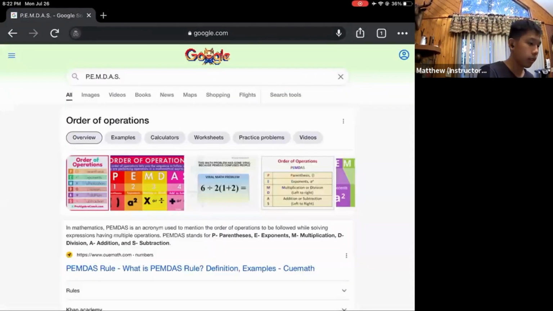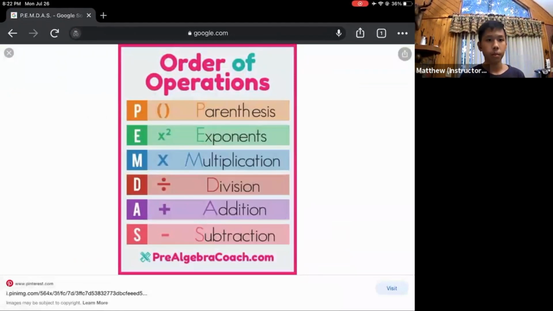I would have a slide for this, but it currently would not work under the circumstances of how I'm presenting. So let's go with this image. Order of operations is basically PEMDAS: first parentheses, then exponents, multiplication, division, addition, and subtraction.